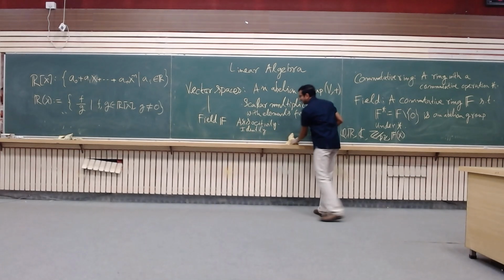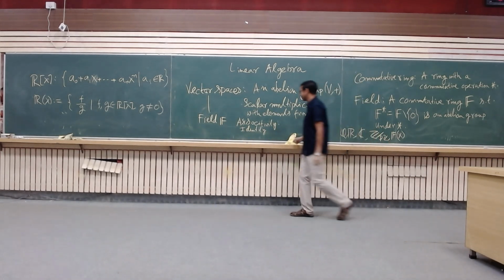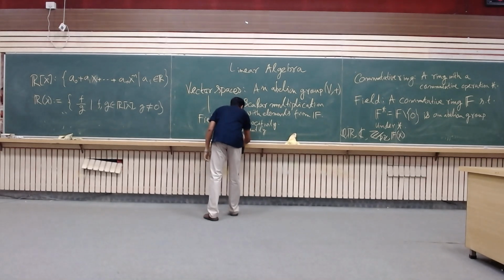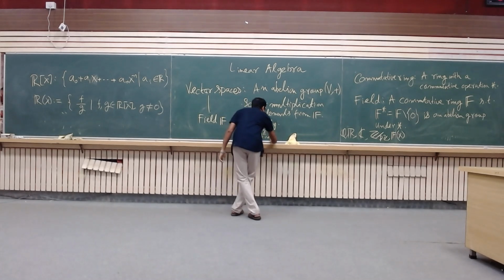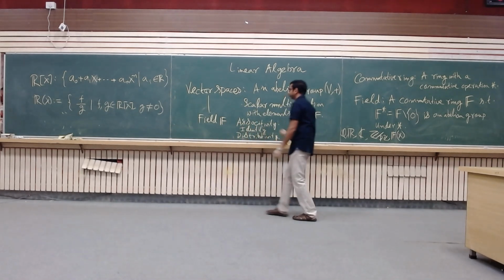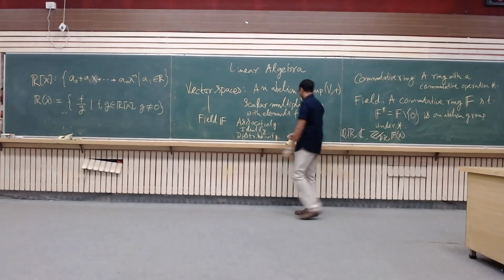Only the last one was inverse, and instead of that, we will have here distributivity. And all with respect to multiplication with elements from F.